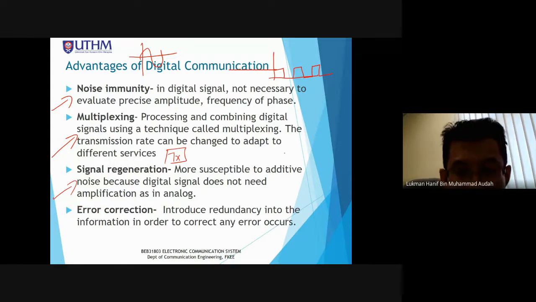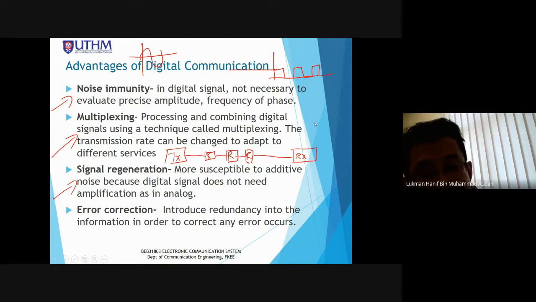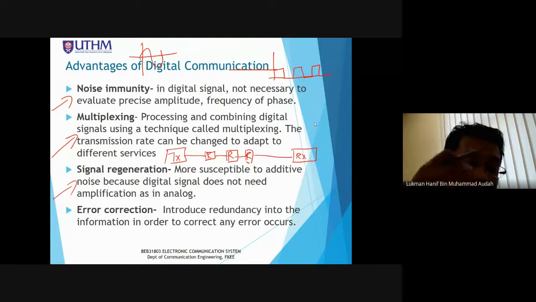Antara transmitter dan receiver, saya nak tunjuk, akan ada beberapa repeater di sini. Beberapa repeater sebelum sampai kepada receiver. So repeater ini dia akan regenerate the signal. Maknanya dia akan hidupkan semula signal tersebut. Dia bukan amplify, dia dihidupkan semula, regenerate.